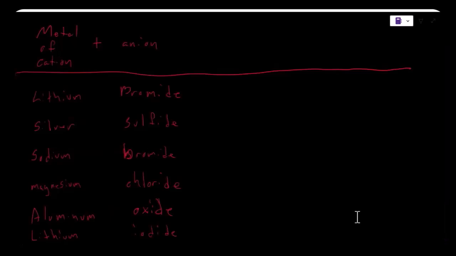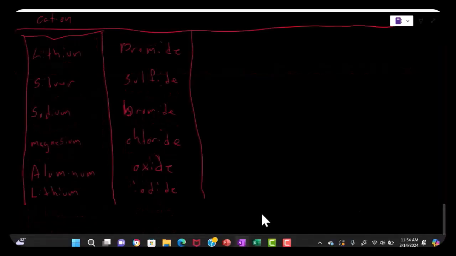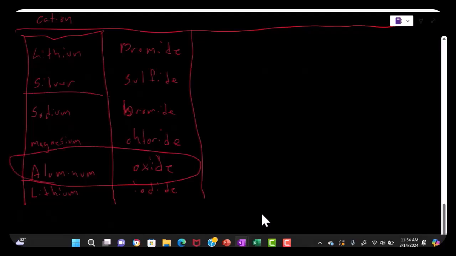Again, these are the metals that the cations were formed from on the left, and these are the anions on the right. A couple of names I want to point out are aluminum oxide and silver sulfide.